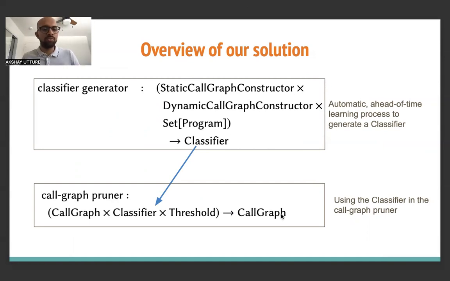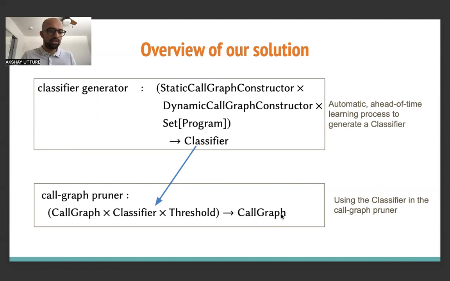We're going to use this generated classifier in the call graph pruner. The classifier generator can be thought of as a function that takes in three inputs: a static call graph constructor, a dynamic call graph constructor, and a set of programs. And it generates as output a classifier.